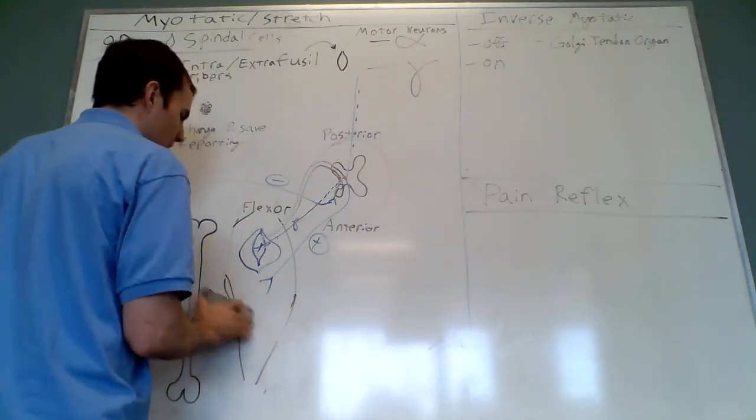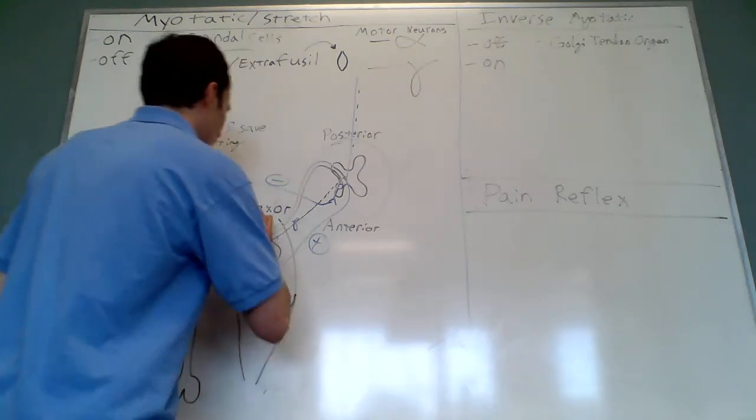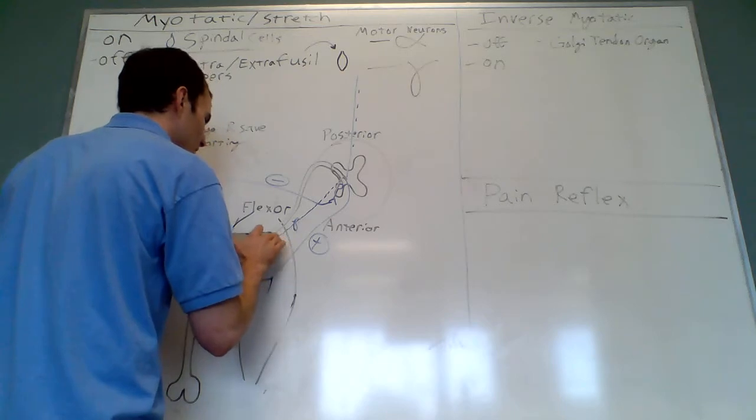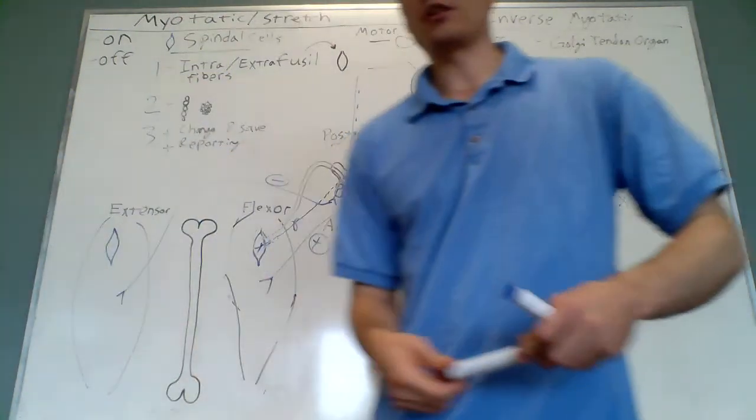The spindle cell has to be in its normal shape to function properly, and so it will contract along with the rest of the muscle, and the thing that does that job of keeping it in the proper shape are gamma motor neurons.